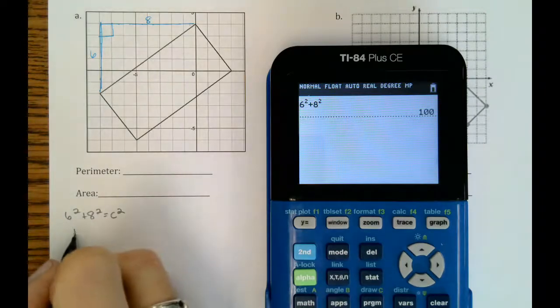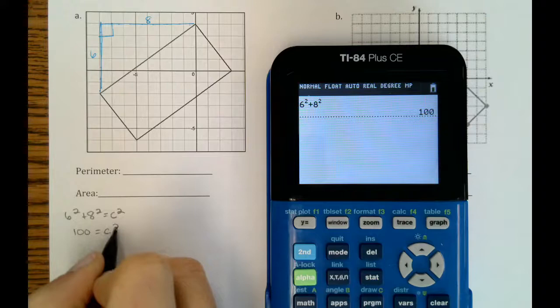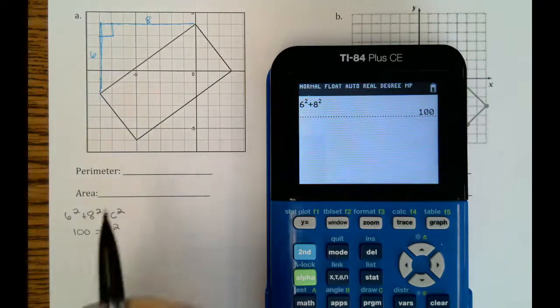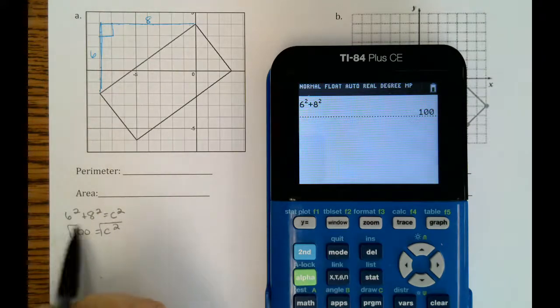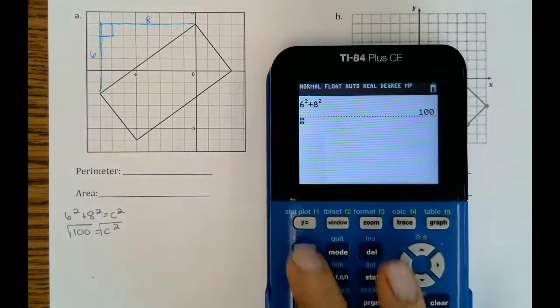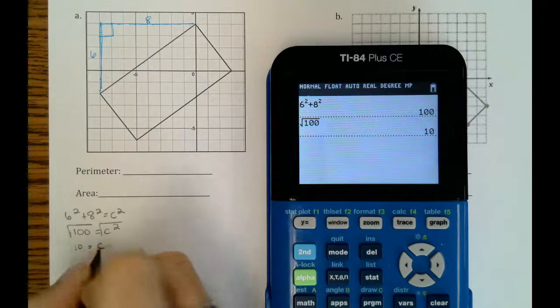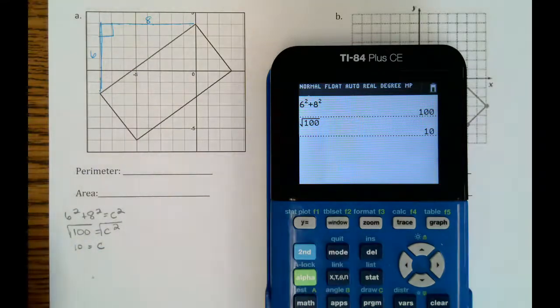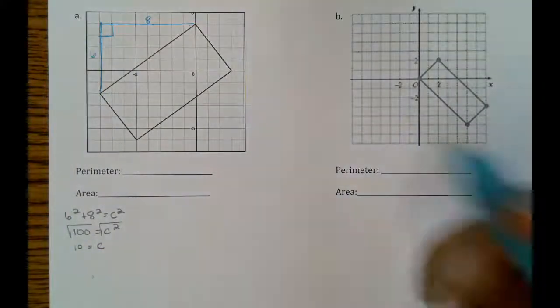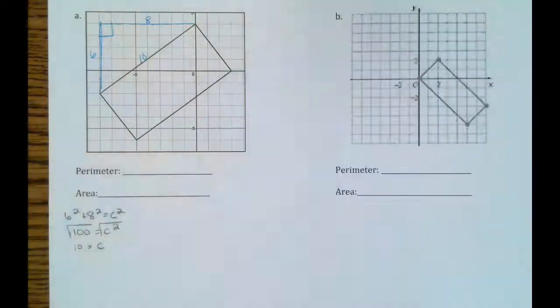Okay, 6 squared plus 8 squared is 100. And then to get C by itself, we'll take the square root of 100, which is 10. Okay, so that tells us that our missing side here is 10.